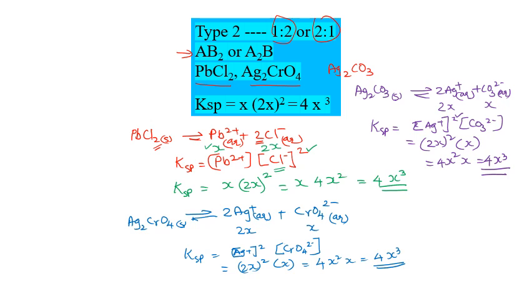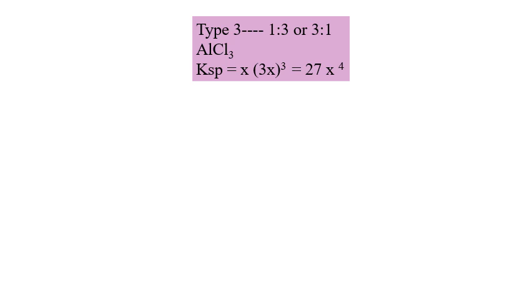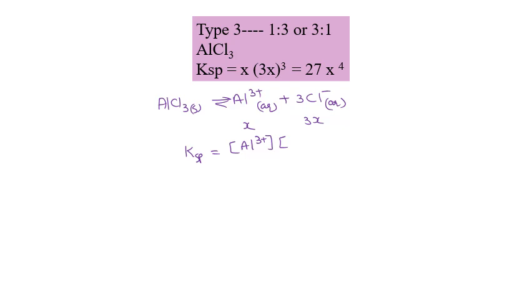Okay, so let's see another type, which is 1 to 3 or 3 to 1 ratio. One example is AlCl3. So let us go ahead and see how to write that one. AlCl3 solid form. When it dissolves in water, we will get Al3+ (aq), and the anion is going to be, we have 3 chloride ions, correct? So in terms of x, I can write this is x and this is 3x. And now let us write the Ksp expression in terms of the anion and cation. So the cation concentration times the anion concentration to the power 3, correct?